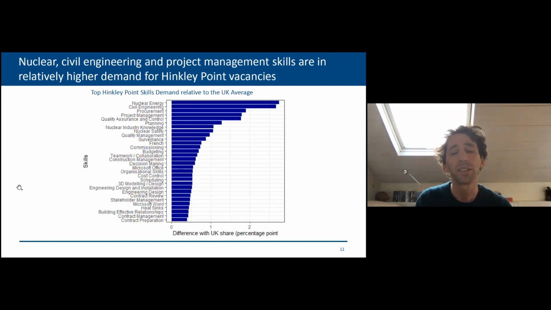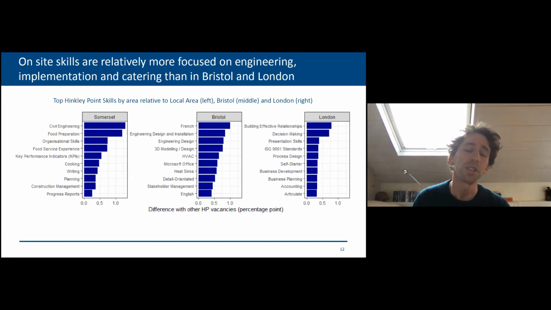Next slide, please. But the really interesting thing as well is that we can look at a lot more detail within that. So we looked at 3 areas where there was a fair bit of job creation, and looked at how different the skills demanded in these particular areas were compared to other areas of the UK within Burning Glass vacancies, within Hinkley Point vacancies.